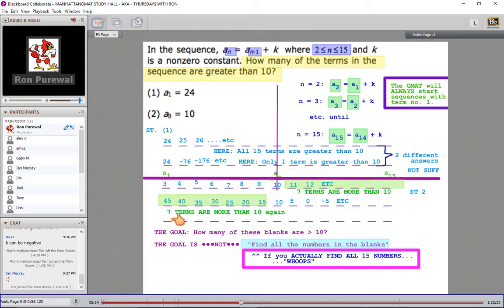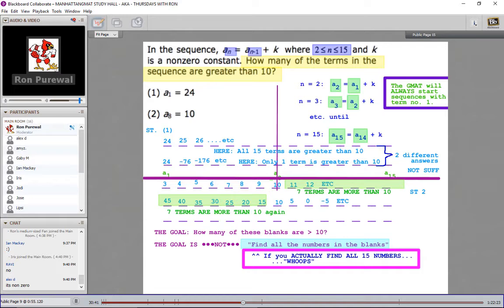Can you have a series that's like 10, 10, 10, 10, 10, 10, 10, 10, 10? Is that a thing? Can you do that? Nope, because non-zero. You have to add or subtract something that is not 0 every time. So that means that every single time it's going to do one of these two things.